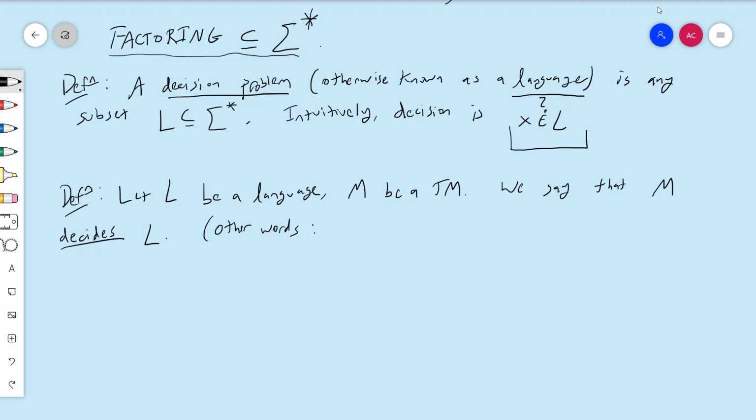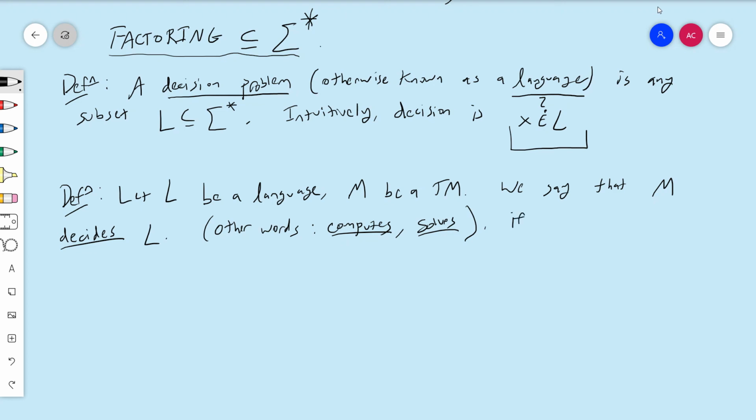Instead of decides, I could have used the word computes. I could say the word solves, decidable, computable. So M decides L, M computes L, M solves L. We're defining what it means to actually solve a problem in general.